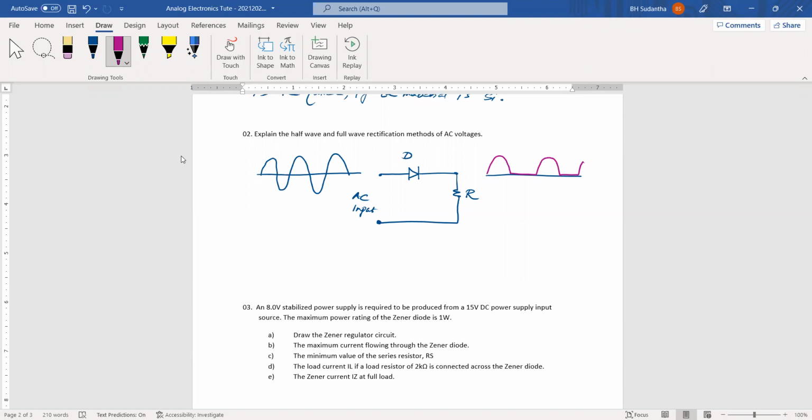Okay, this is the half wave rectification method.